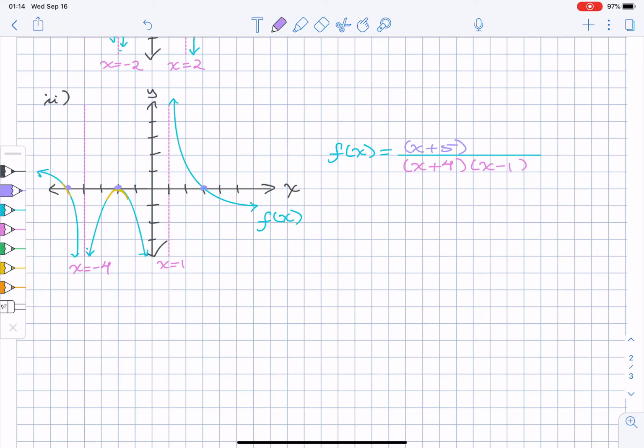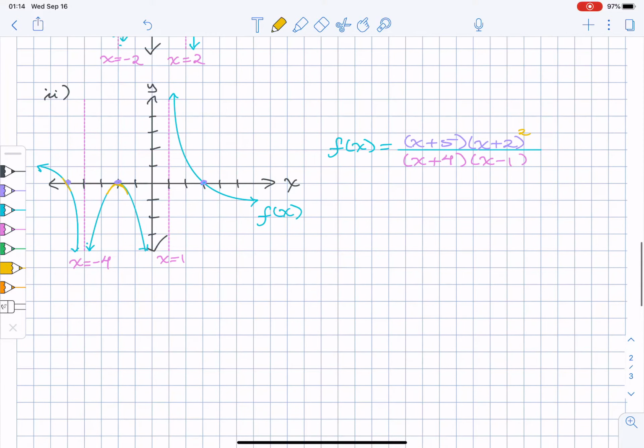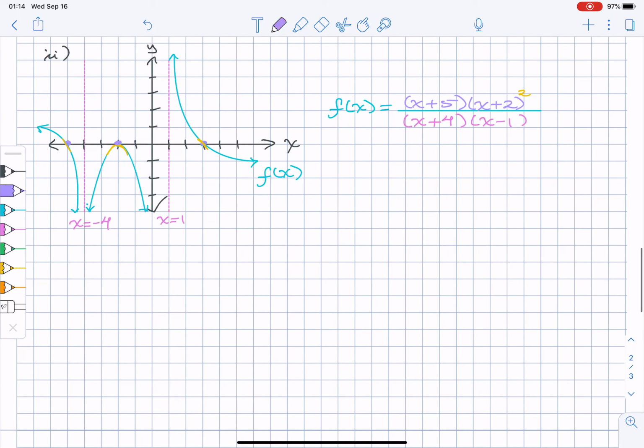Then I have a root at negative 2, x minus a negative 2, but that's parabolic, so I'm going to call this squared, just for the heck of it. It could be to the 4th, doesn't matter. And then my root at 3, once again, has a little line. So I have a factor of x minus 3 to the first power.